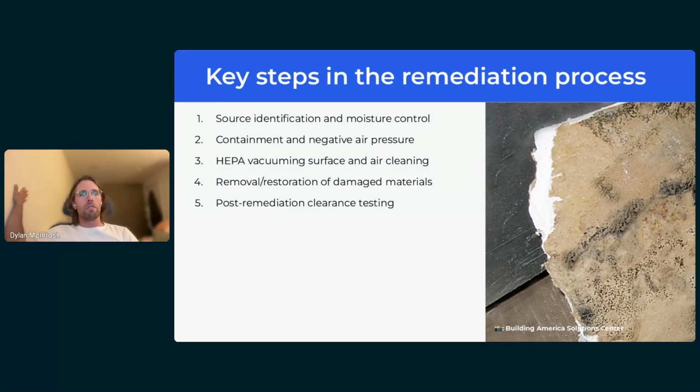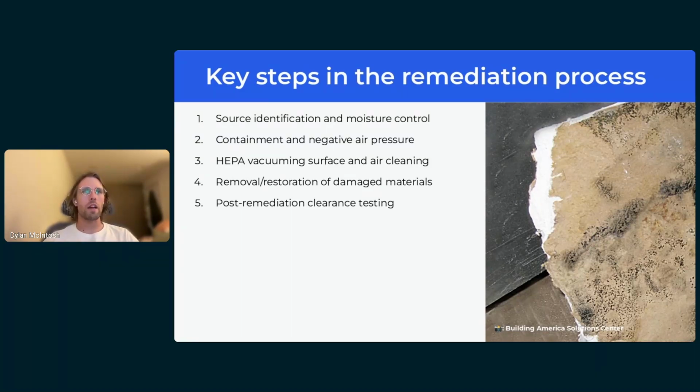You would remove and replace the drywall, but things like this desk I'm sitting at may have a buildup of settled mold spores or dust from removing the drywall from the wall. Those are the things that would be HEPA vacuumed. A lot of the time you HEPA vac and clean prior to demolition, and then do it afterwards as well. That's a common step.